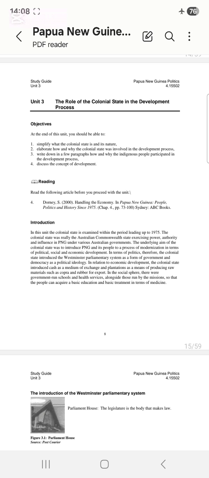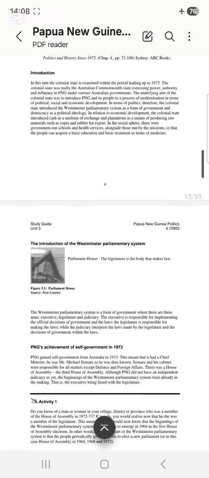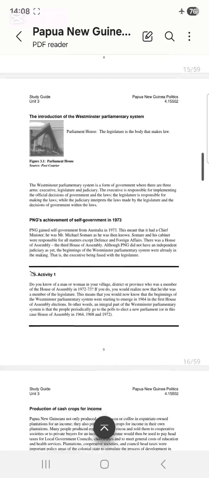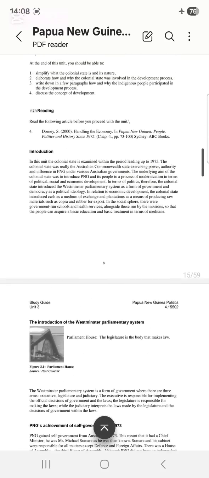So let's look at what is captured in the unit discussion here. And I'll read the introduction, the first sentence. In this unit, the colonial state is examined within the period leading up to 1975. All right, so the content discussion is talking about events leading up to 1975, but it doesn't specify what sort of timeline.